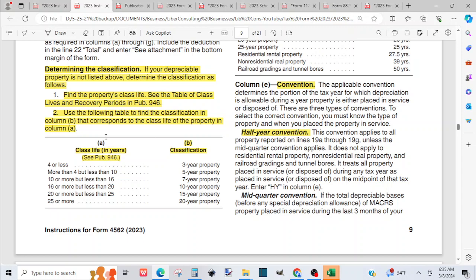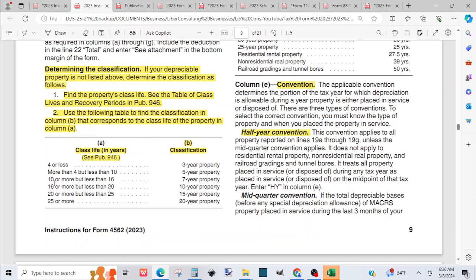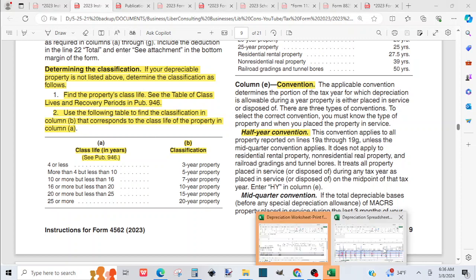Determine the classification. Class life, I believe, is 6 for this one. When you go to the instructions, class life more than 4 but less than 10 corresponds to classification 5-year property. So 5-year property, we put that on our spreadsheet.